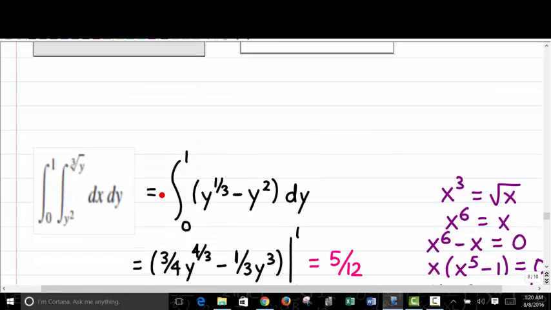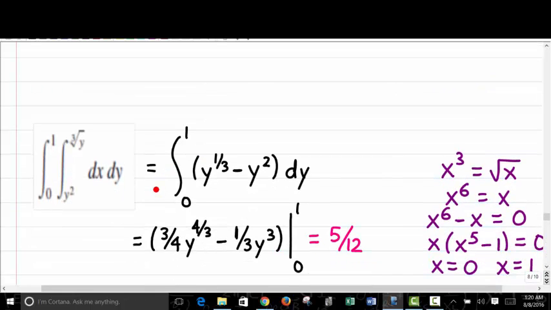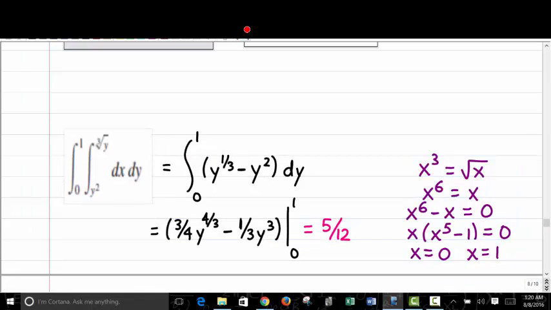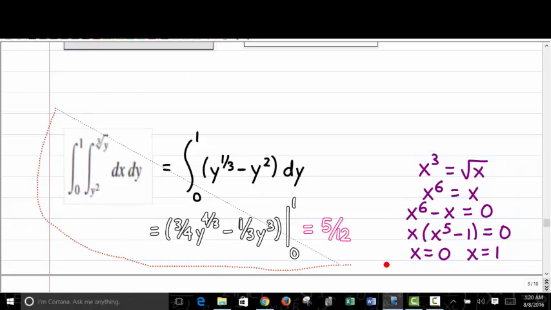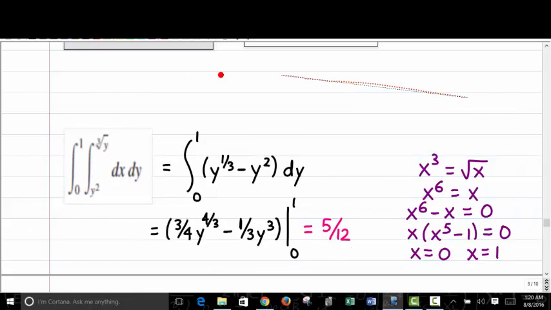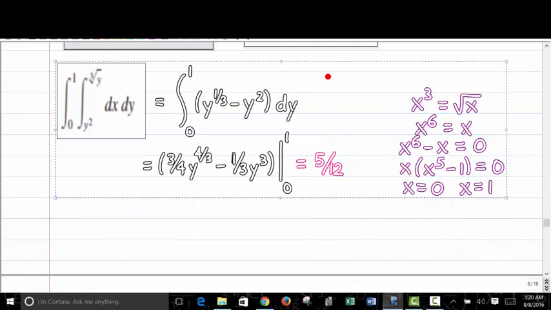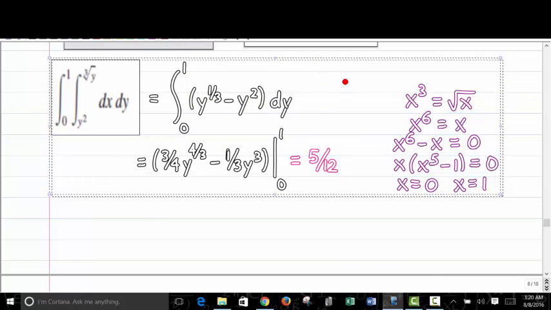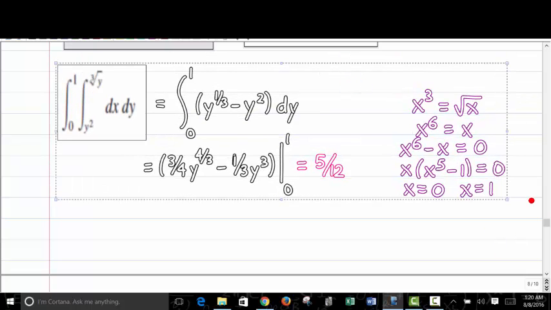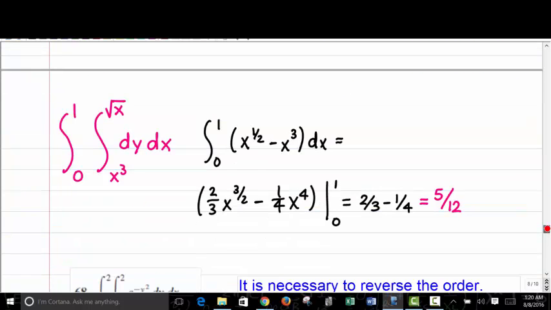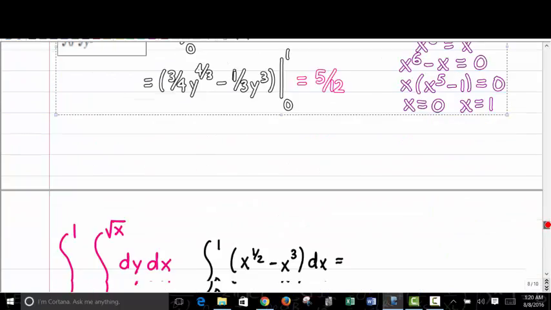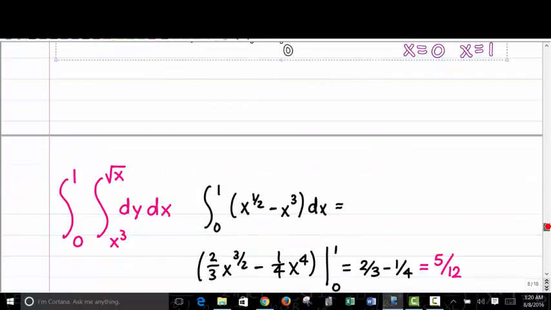So then it looks like I worked it out this way, which is not a difficult one to work out. But let's see if I should have reversed it. Yeah, there's the reversal down there at the bottom.